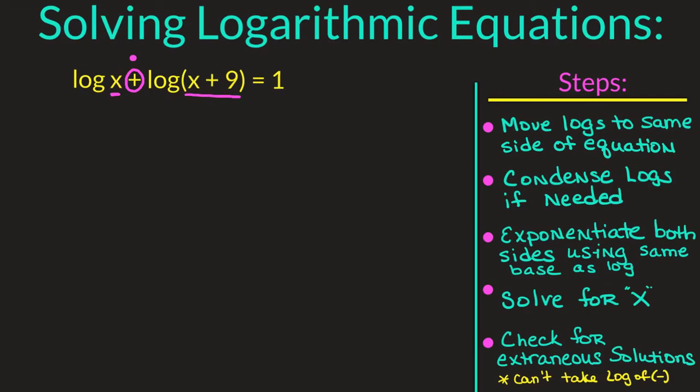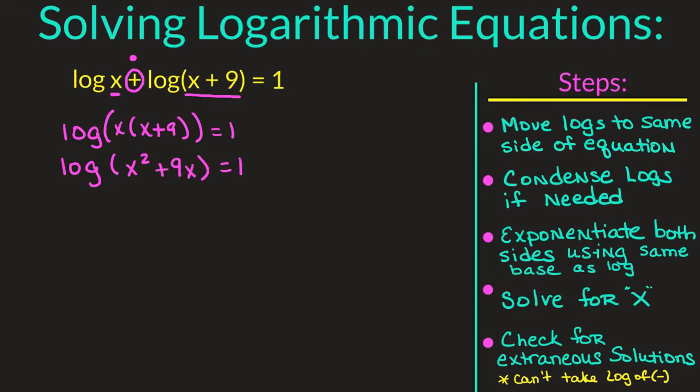You will only write the word log one time, so we have log of x times x plus 9, and all of this is actually inside of parentheses, equals 1. So now we have log of x squared plus 9x equals 1, because don't forget you need to distribute this x to everything inside. So that's where the x squared plus 9x comes from.